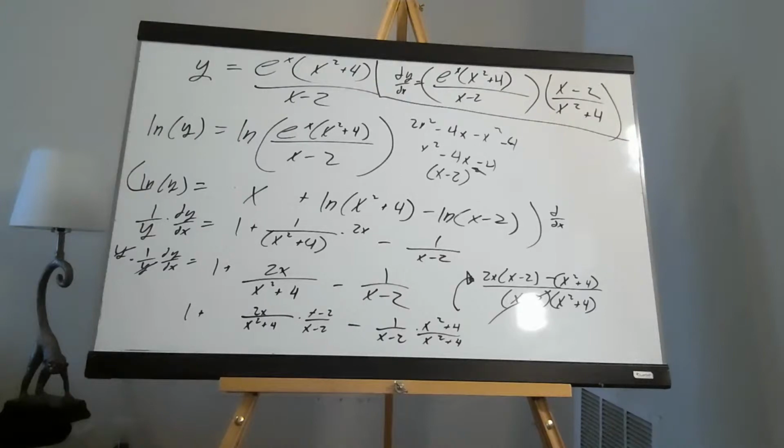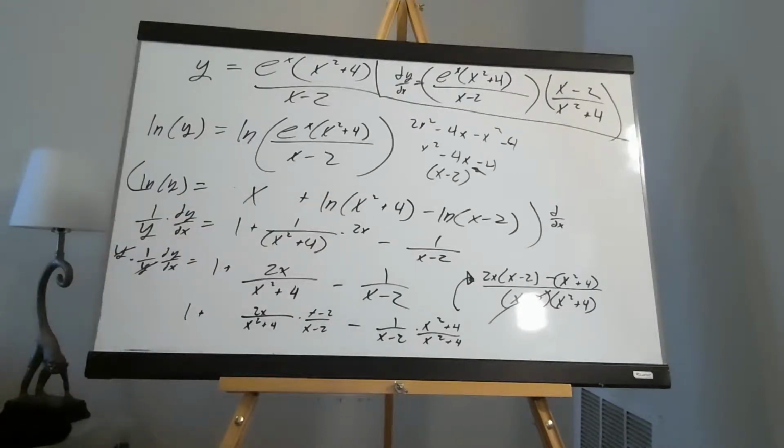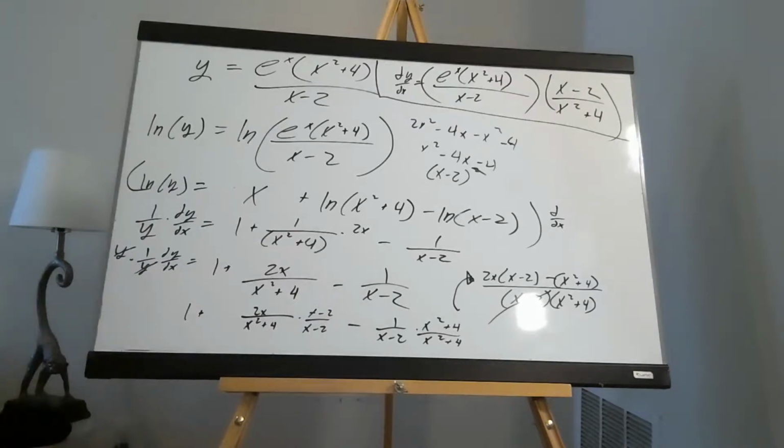So we take the derivative of the natural log of x first, because we are going to assume that we're going to sub in our value u for x squared plus 4. You'll learn about that in Calc 2 if you take it. But basically, we go 1 over the regular inside times the derivative of the inside, which is the derivative of x squared plus 4. 4 is a constant, so the derivative of that is 0.